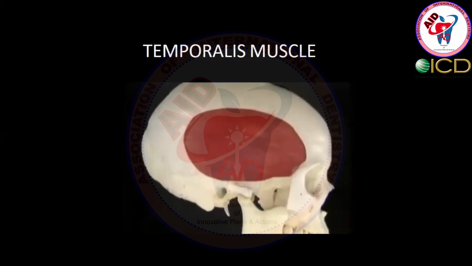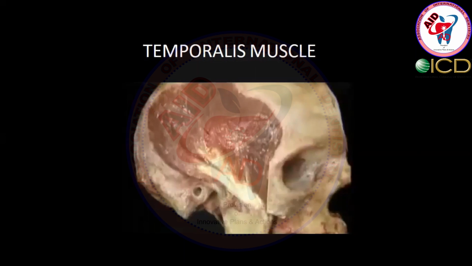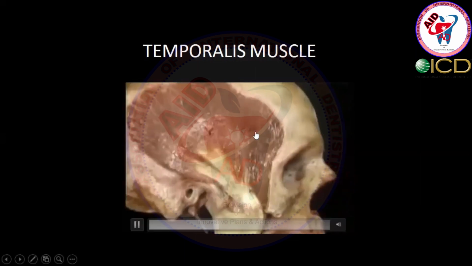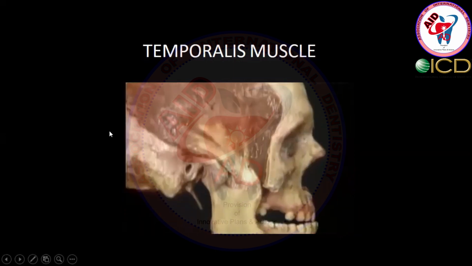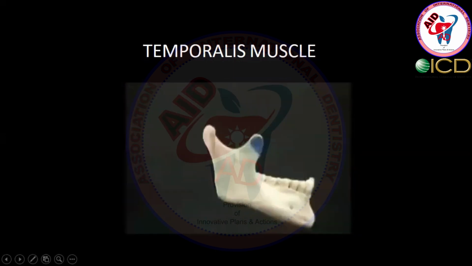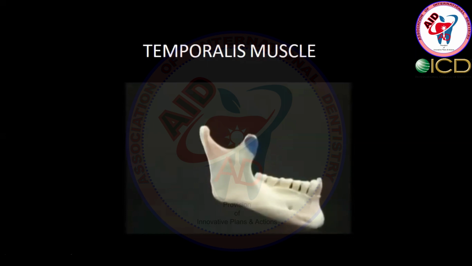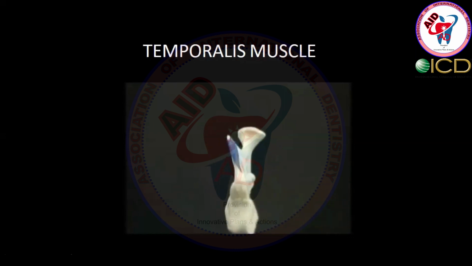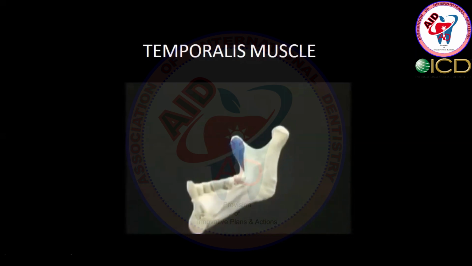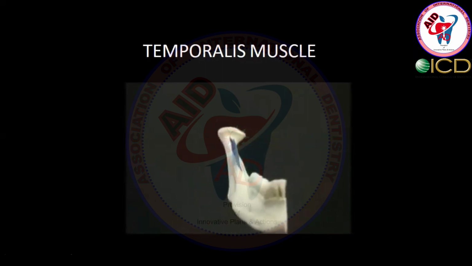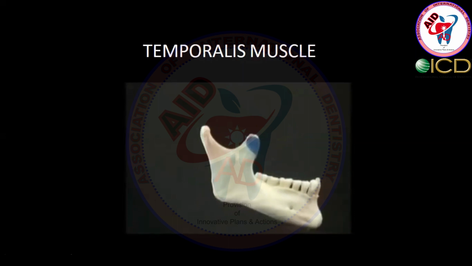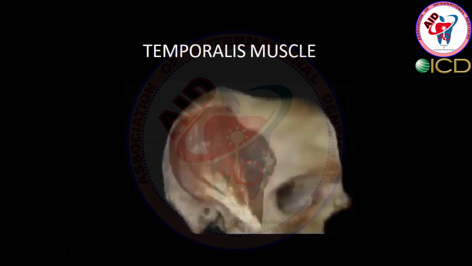While we are talking of the origin, it is so big that starting from this level up to this level, this whole area is being covered. When you see the insertion, it is on the lateral side of the coronoid process, but on the inner side it also contains its attachment to the ramus as well. So it is attached on the coronoid process anteriorly and medially.